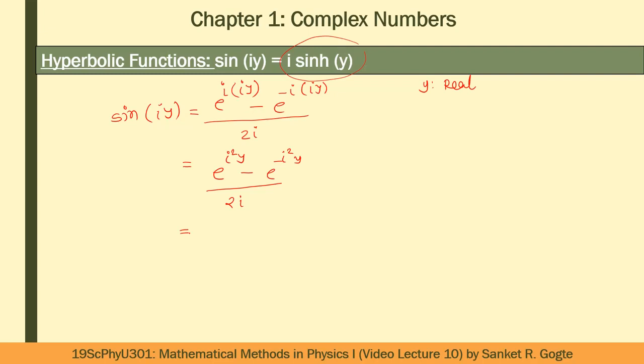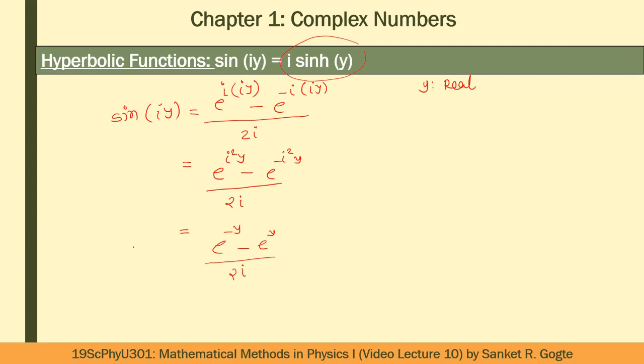This is equal to e to the power minus y minus e to the power y divided by 2i. So here we have used the definition of sine of a complex number to write sine iy in this form.